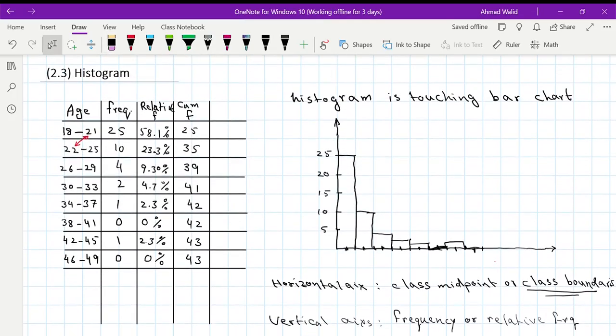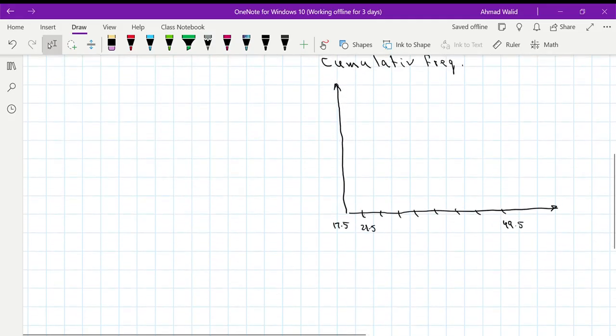You see the highest percentage that you have in this table is 58.1%. You start, for example, with 60, correct? You mark here as 60%.